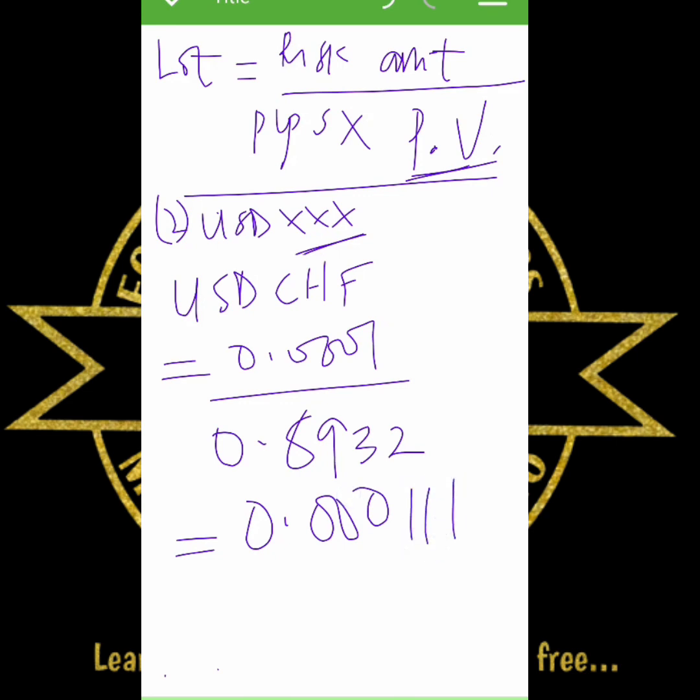That is the pip value. Remember, I said you multiply it by 100,000. You know where the 100,000 is coming from: one standard lot.